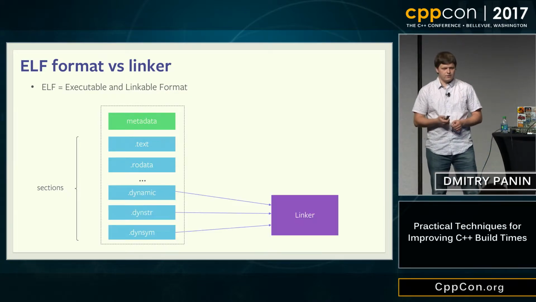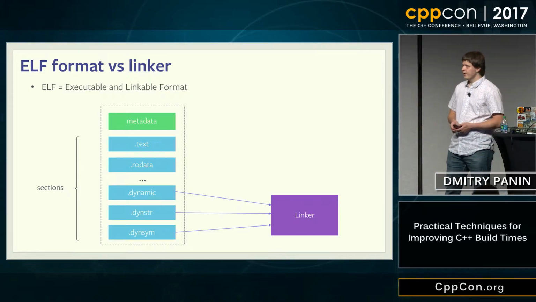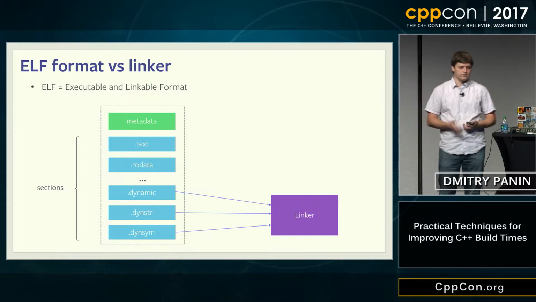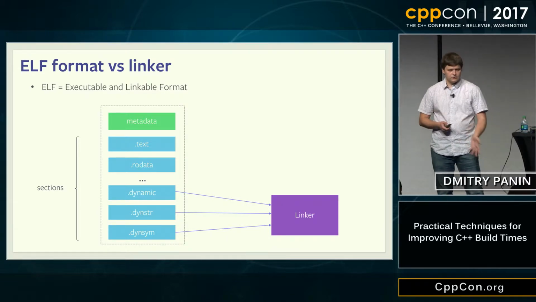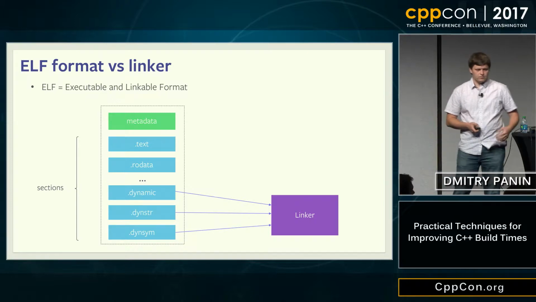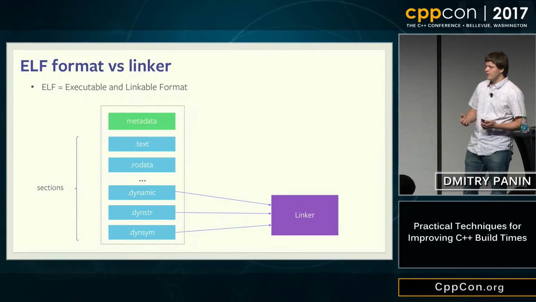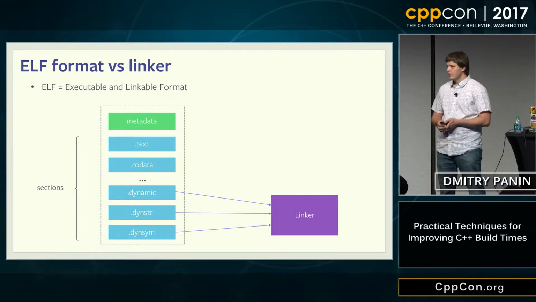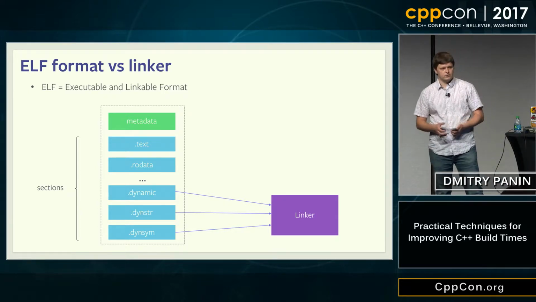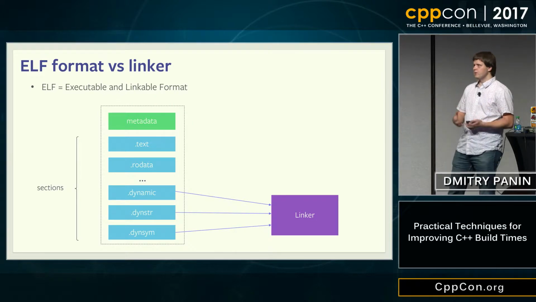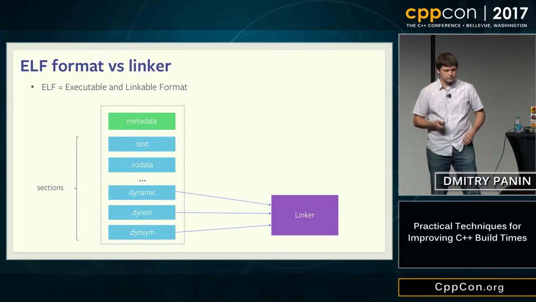And it turns out that the linker actually needs only three sections from this file: dynamic, dynstr, and dynsym. If we can somehow remove other sections from the file, then from the point of view of the linker, the output won't change, and the build system will know that it doesn't need to rebuild the whole binary.